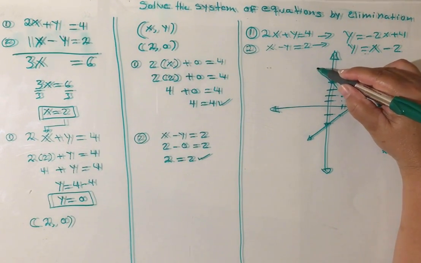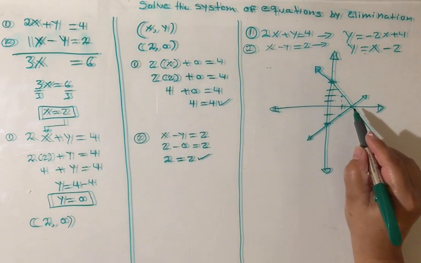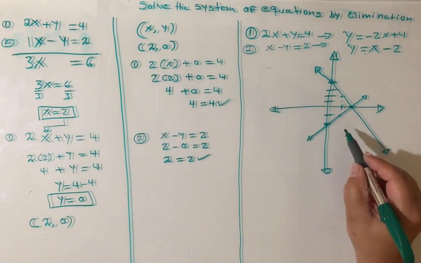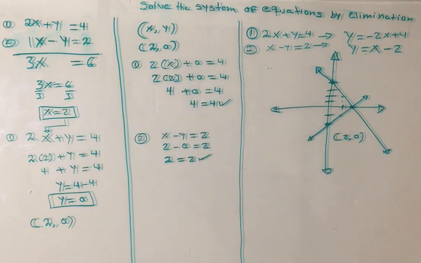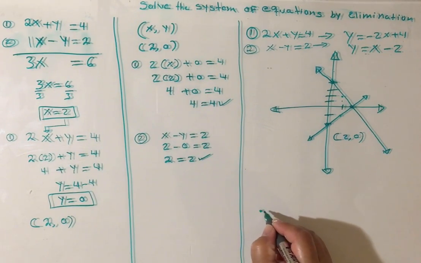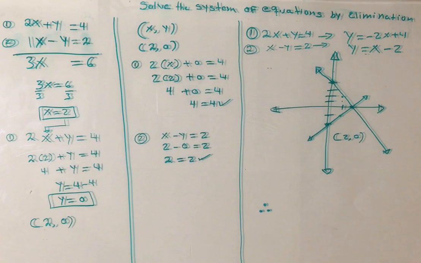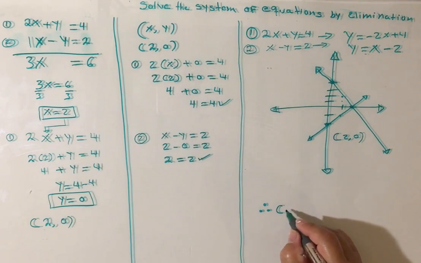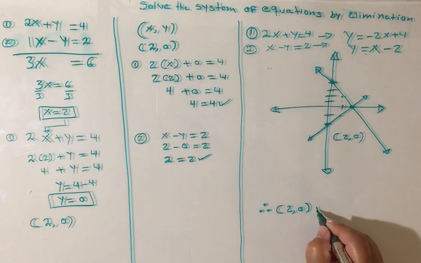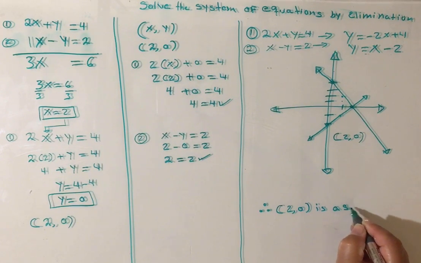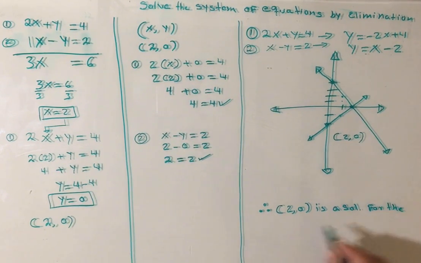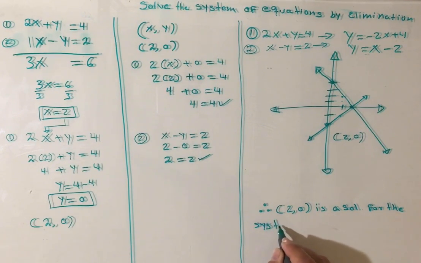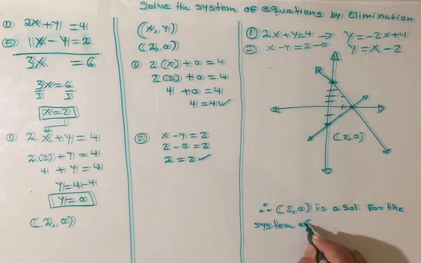And there is exactly the point of intersection, which is (2, 0), right? So therefore you can say that the point (2, 0) is a solution for the system of equations.